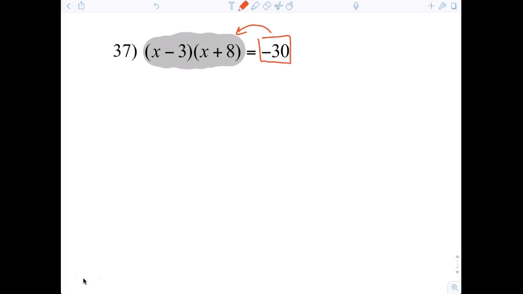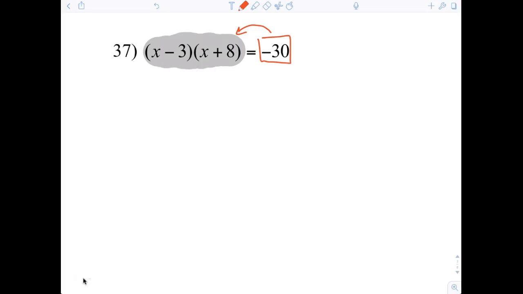You should be able to visualize that now. Is everybody okay with that? So this can be written as x squared plus 5x minus 24 equals negative 30. Everybody see that? Any issues with that?